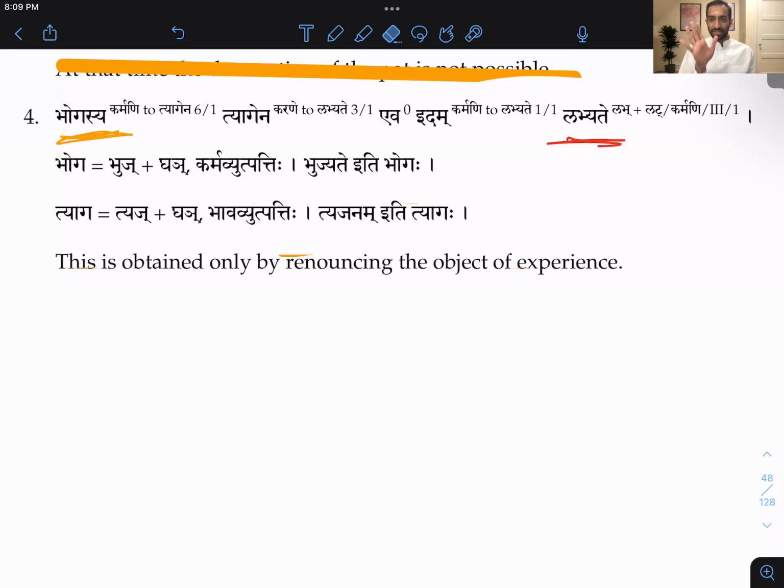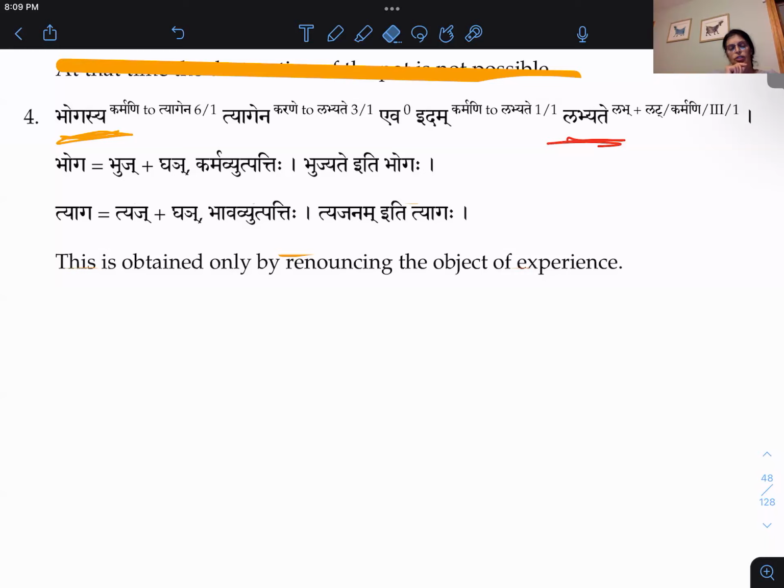So the pratipadika itself, the meaning of the word tyaga there is renouncing. Now, when we put it in third case, and we get that sense of karane, that's when we get the instrumental, that renouncing is an instrument. So by renouncing, it's the instrument. Yeah. So the third case gives us that sense of by.